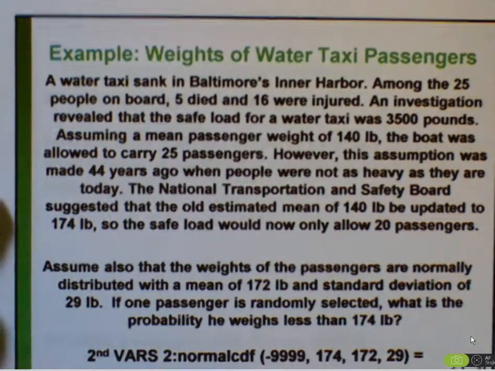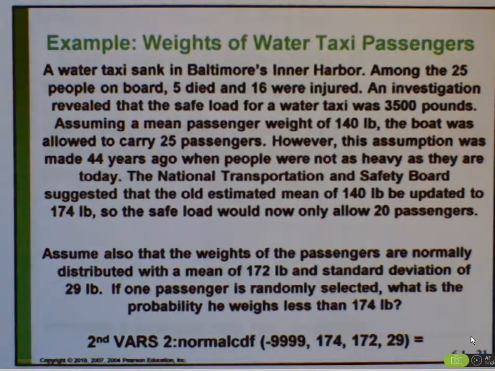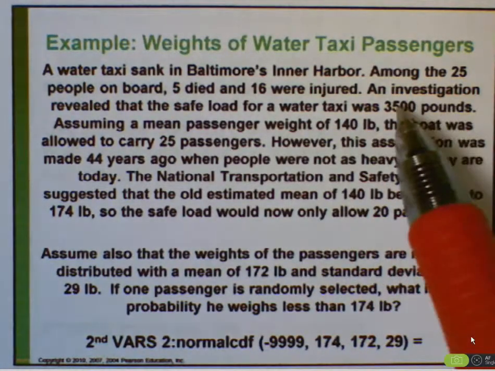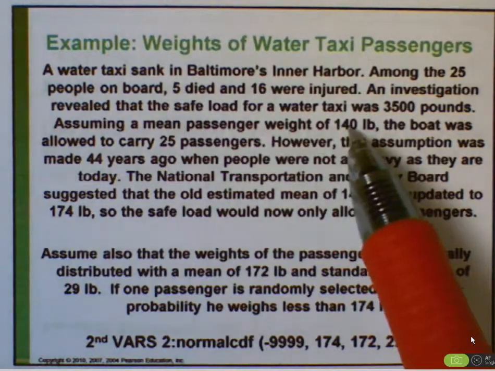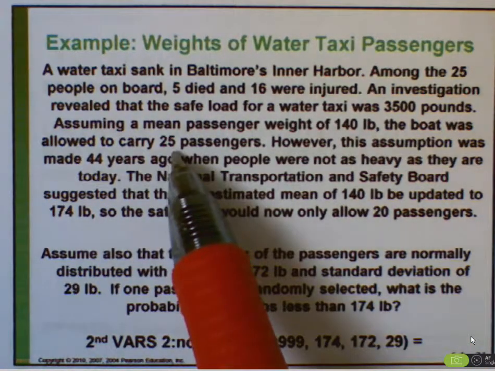For example, a water taxi sank in Baltimore's Inner Harbor. Among the 25 people on board, 5 died and 16 were injured. An investigation revealed that the safe load for a water taxi was 3,500 pounds. Assuming a mean passenger weight of 140 pounds, if you divide 3,500 by 140, you would say, well, the boat can carry 25 passengers.